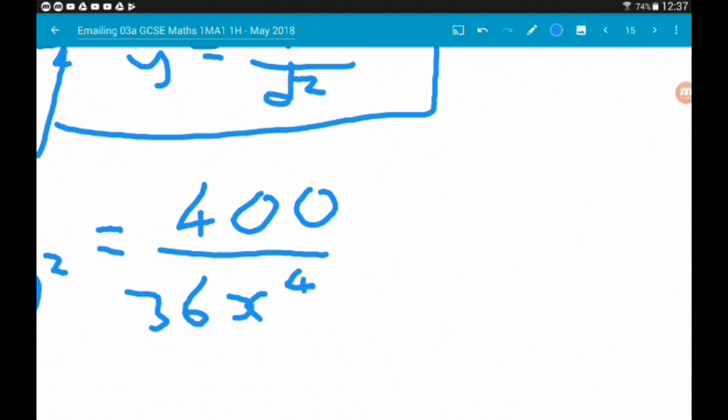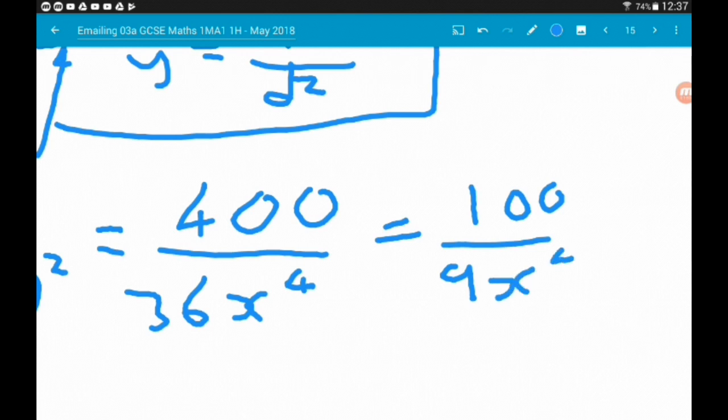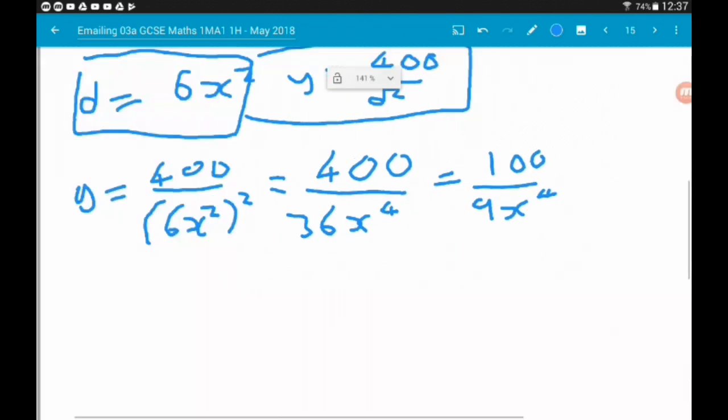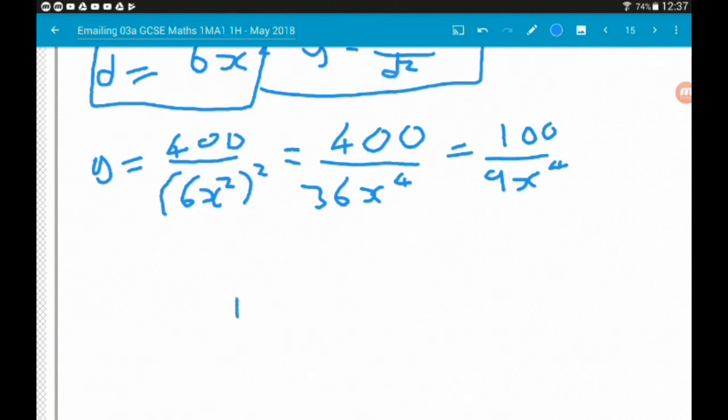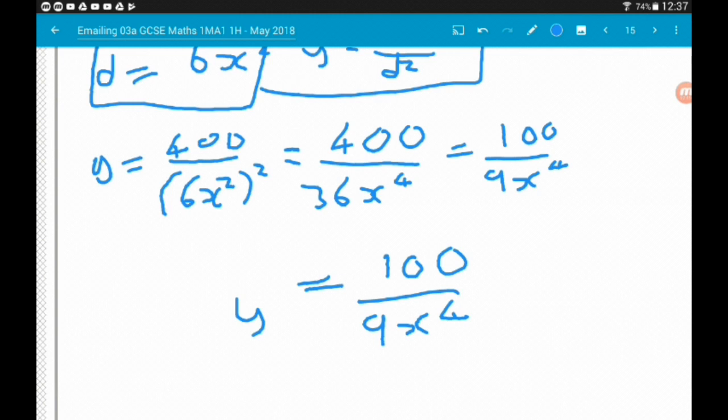So we're going to divide that away, which gives us 100 over 9x to the power 4. So that's our answer. Y in terms of x is 100 over 9x to the power 4. Good times, quite a tricky one.